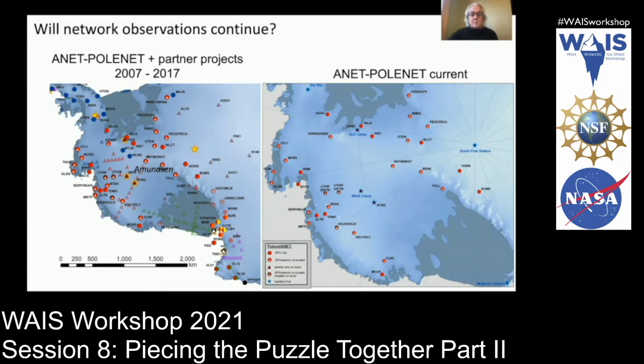The footprint of the network is shrinking, and this is partly reprioritization of science objectives by the project PIs, and it's partly reduction in logistic scope of the project. And even with this reduction, this is still, in the current logistics environment, a challenging project to support. So we need a more sustainable model to continue observations.